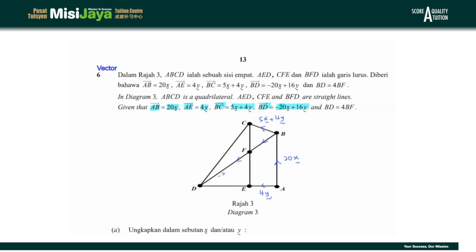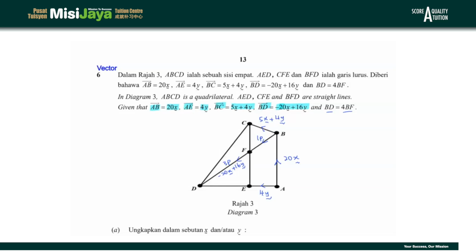So I put it over here, the whole thing. And BD equals 4BF. So if BF is one part, then FD will be 3 parts because the whole thing is 4 parts. So we got this already.